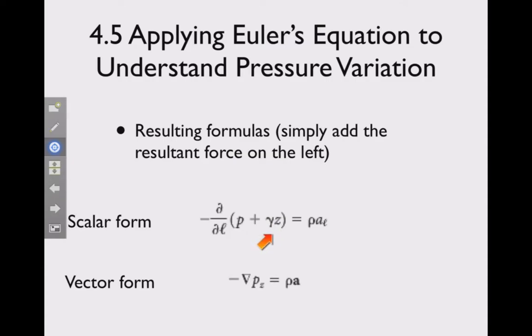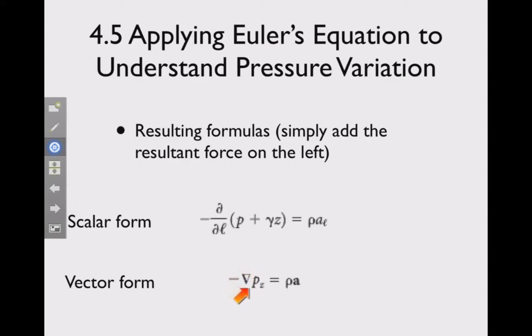So anywhere within that fluid parcel, this quantity, P plus gamma Z, was conserved. But now that's not the case, because if the fluid is moving, we have a resulting acceleration. So in vector form, this del over del L becomes a gradient.